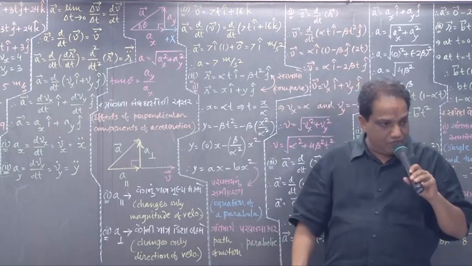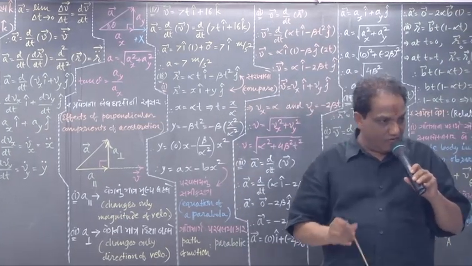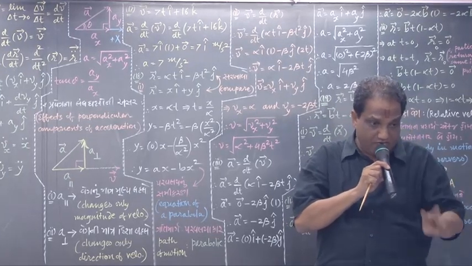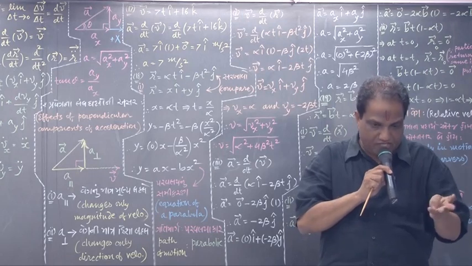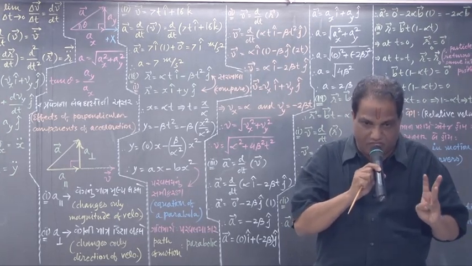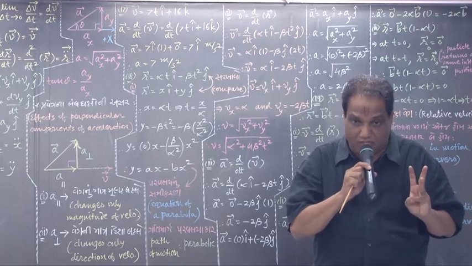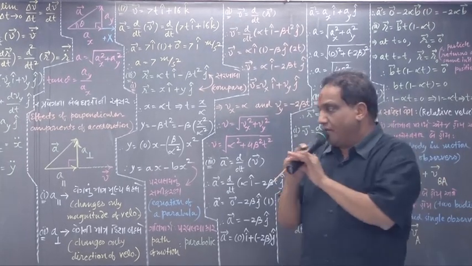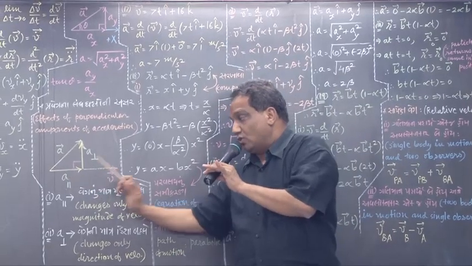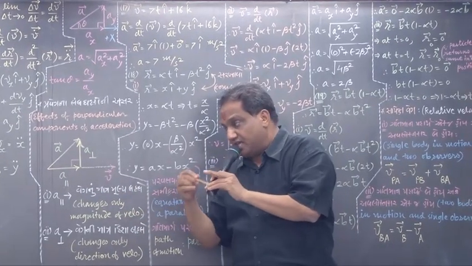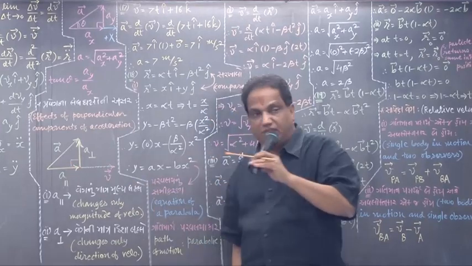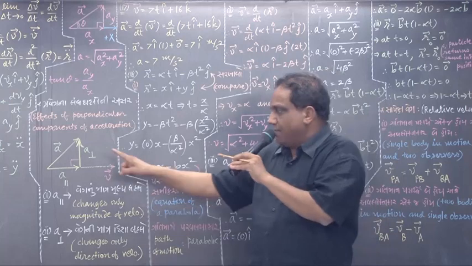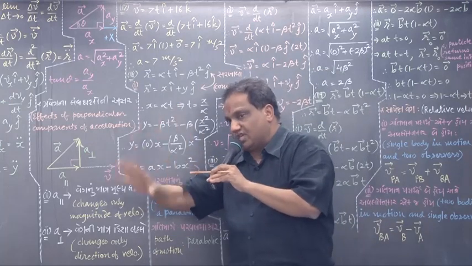When is acceleration produced? Whenever velocity changes. But velocity is a vector, so it can change in three ways: by change of only magnitude, by change of only direction, or by change of both magnitude as well as direction. So remember, A parallel simply changes the magnitude of velocity, and A perpendicular simply changes the direction of velocity.